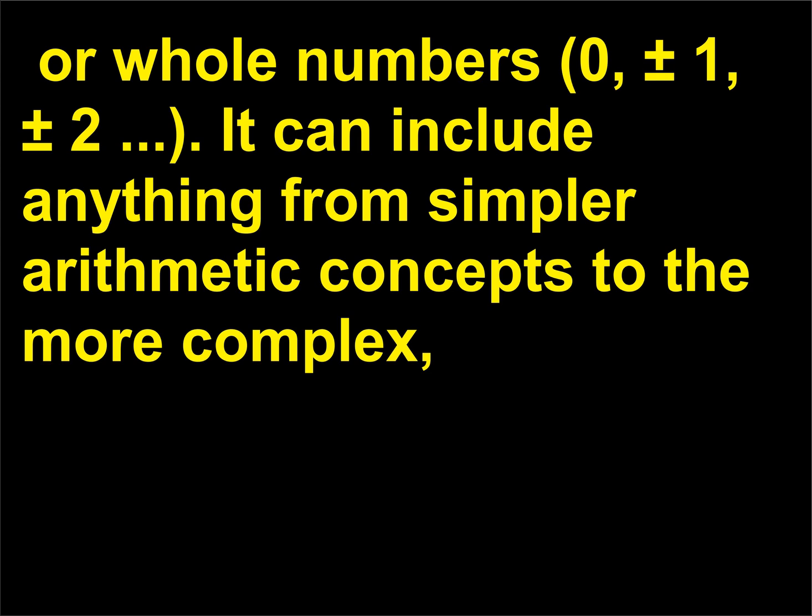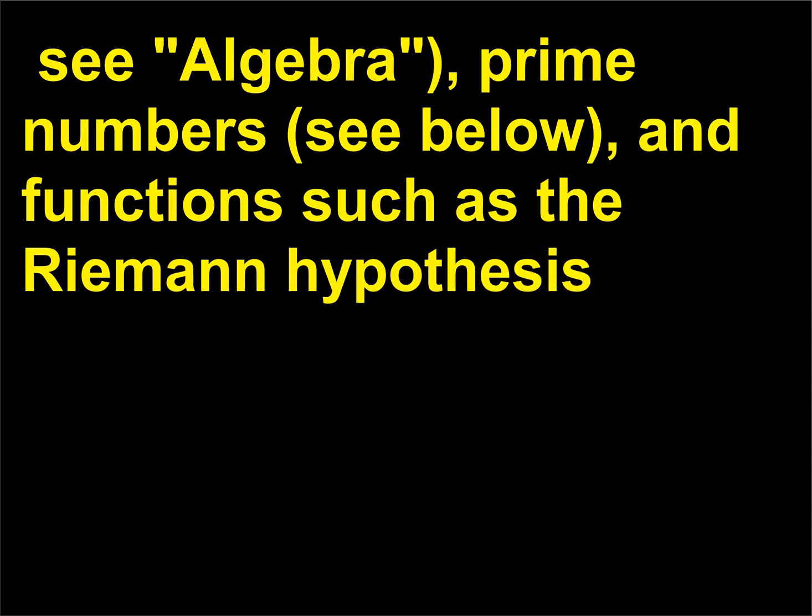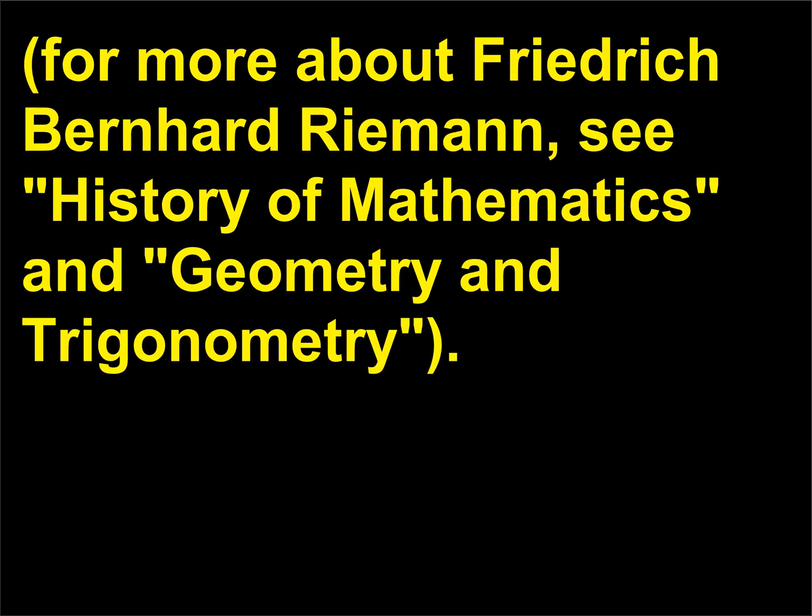It can include anything from simpler arithmetic concepts to the more complex, such as Diophantine equations. For more information about these equations, see algebra, prime numbers, see below, and functions such as the Riemann hypothesis. For more about Friedrich Bernhard Riemann, see History of Mathematics and Geometry and Trigonometry.